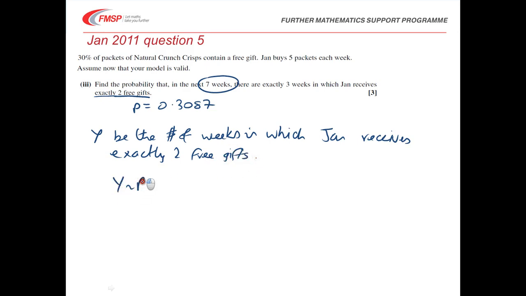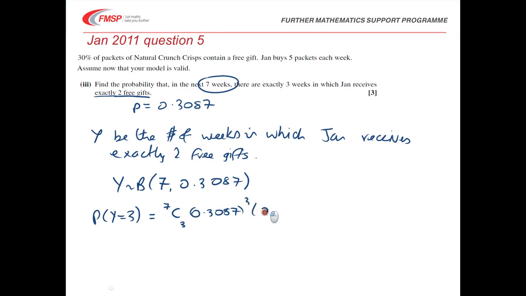So y now follows a binomial. We've got 7 weeks, and the probability of success is going to be 0.3087. And I want the probability that we're getting 3 weeks. Now, this probability is not going to exist in the tables, so we do have to calculate this. So it's going to be 7 choose 3, 0.3087 to the power of 3, 0.6913, that's 1 minus p, to the power of 4.